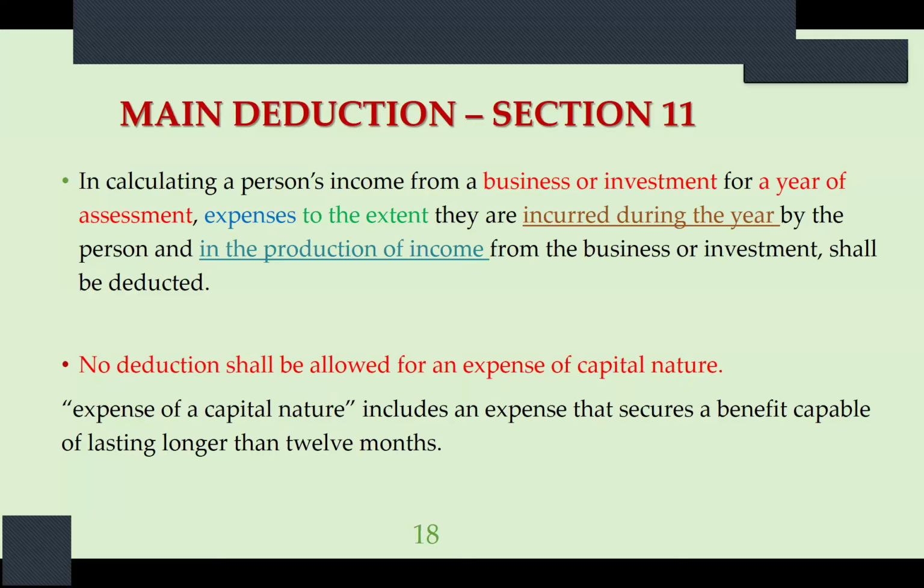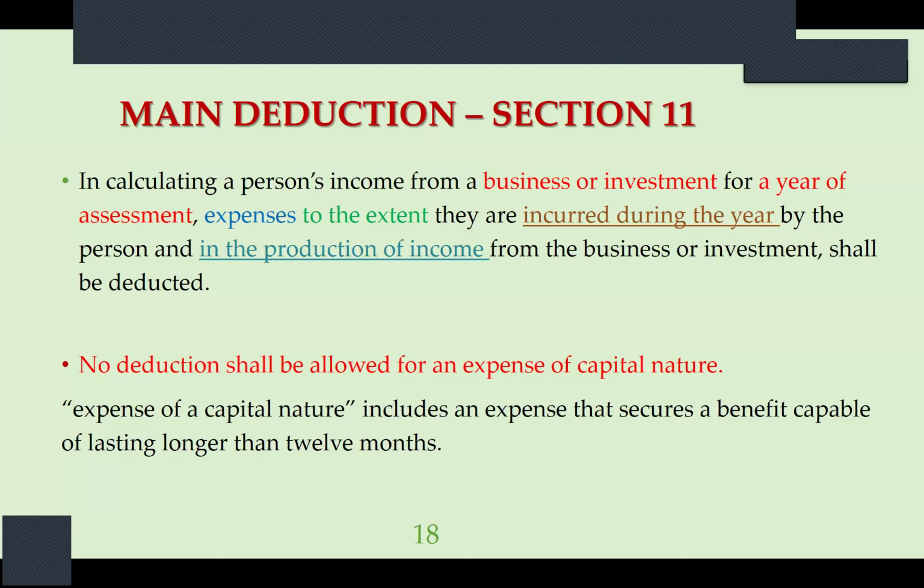So what expenditure can we consider as capital nature expenditure? What kind of expenditure? Expenditure we incur to purchase fixed assets, machinery, and expenditure for the building. So expenditure incurred for the purchase of fixed assets, we can call a capital nature.